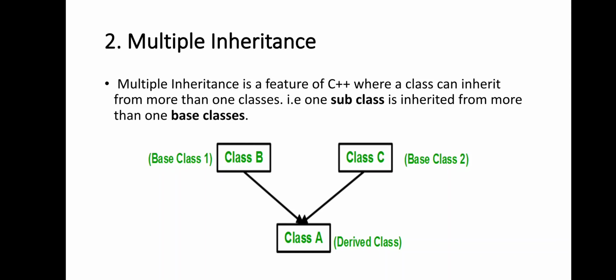So in this case, we have one derived class from two base classes. So one child class from two parent classes. As shown in the figure, class A is a derived class from two parent classes, that are B and C.